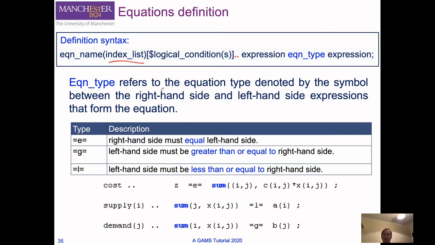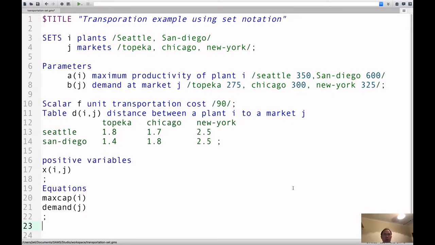Okay, let's go back to GAMS and define equations in the mathematical formulation. In the mathematical formulation, we have two equations, maximum capacity constraints and demand constraints. So we define the maximum capacity constraints. We put the name, supply, of this equation. Then we have the index list. After that, we need to have two dots. Don't forget these two dots.